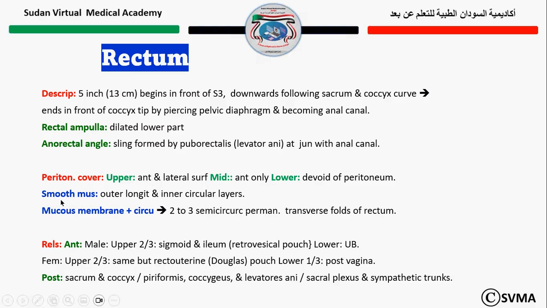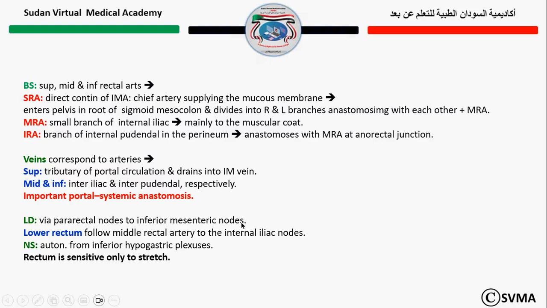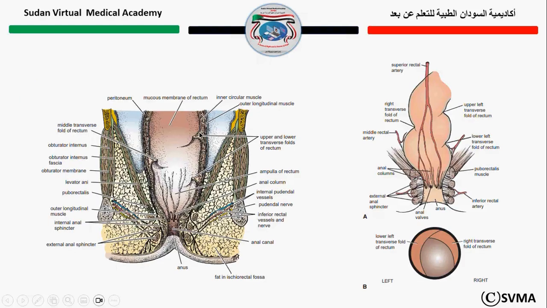Now we move to the muscle. The muscle of the rectum is divided into an outer longitudinal and an inner circular layer. The outer layer is longitudinal, going along the line of the rectum, and the inner layer is circular, going round like that. The inner circular layer with the mucous membrane together form three permanent folds. When you draw the rectum, you don't draw it as a straight line.